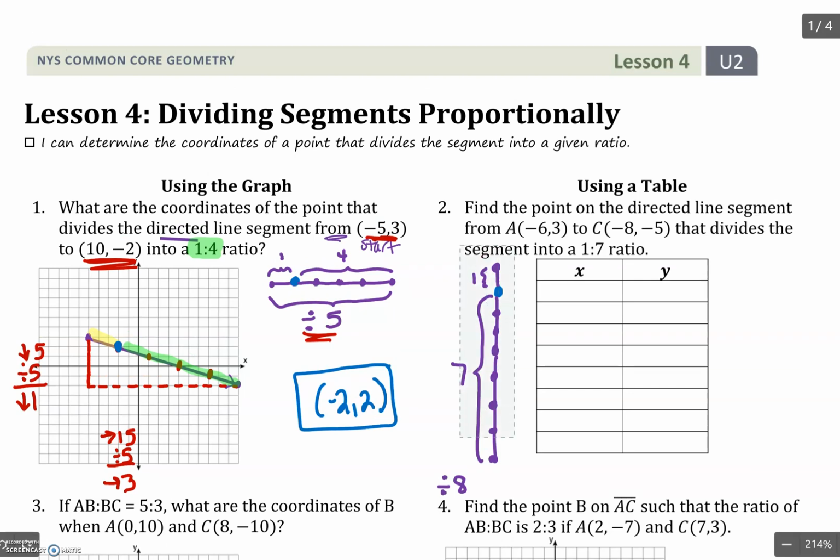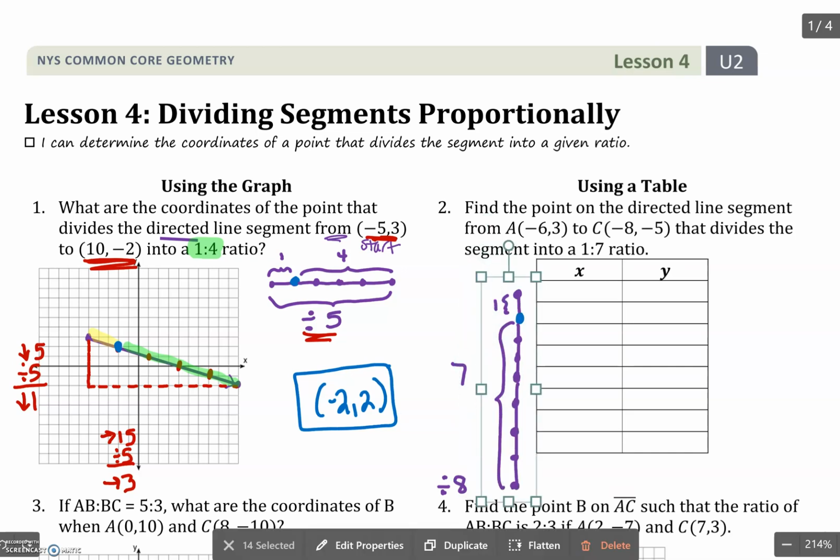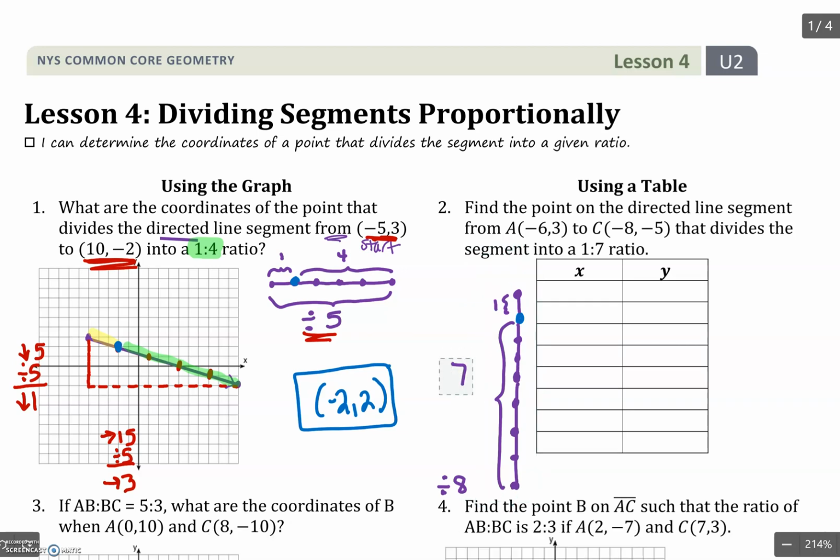So I'm going to just scooch this next to our table here so that each point is represented by a row on the table. Okay, so our first point is going to be point A, because it's a directed line segment, which is -6,3. And our final point, which is missing a row here, is going to be point C, which is -8,-5. Each of these other points goes straight to one of these rows in the table.